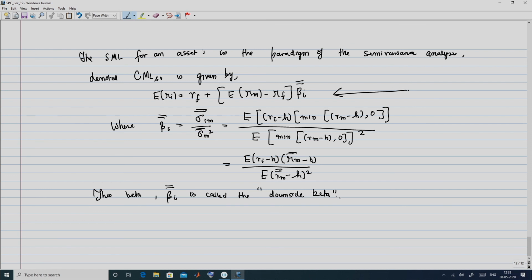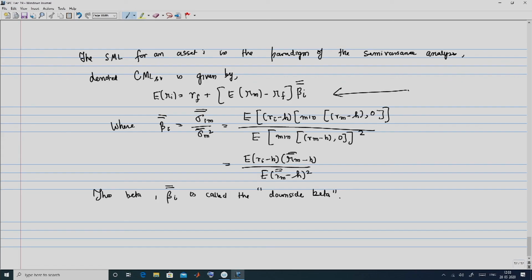The reason why we use the term downside beta here is that it captures the sensitivity of the asset with respect to the market portfolio in the context of the downside risk, that means the risks associated with the losses driven by the returns falling below a certain threshold level.